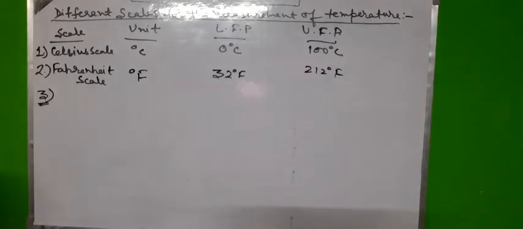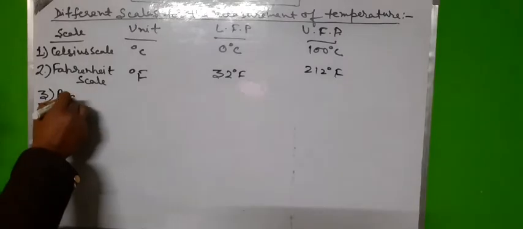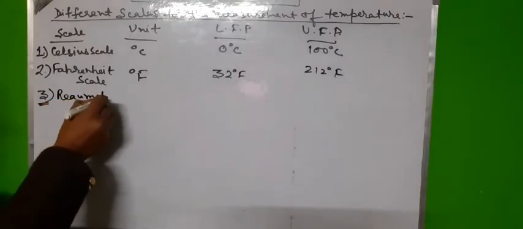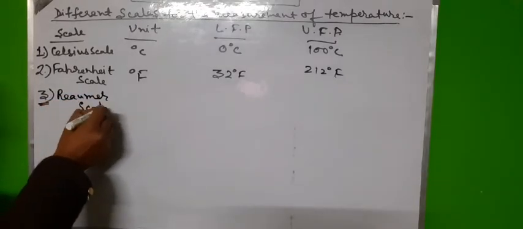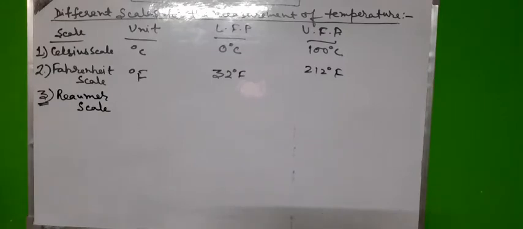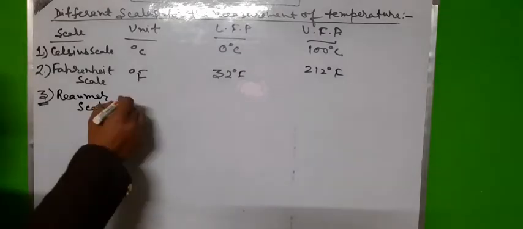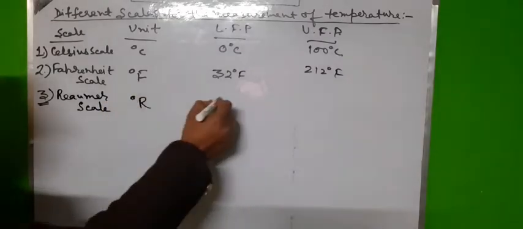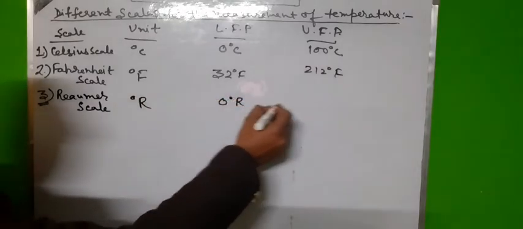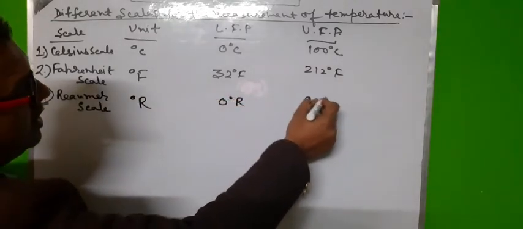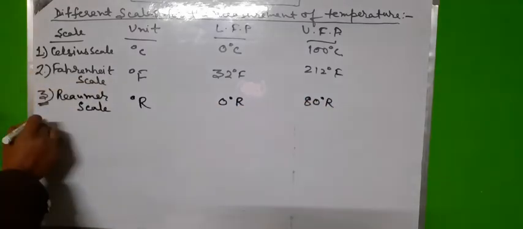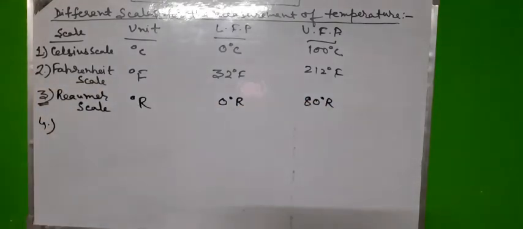Third scale is the Reaumur scale, and on the Reaumur scale, it is represented by degree Reaumur, 0 degree Reaumur to 80 degree Reaumur. Fourth one is the Kelvin scale.